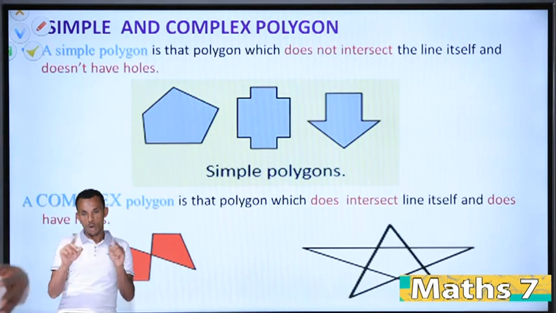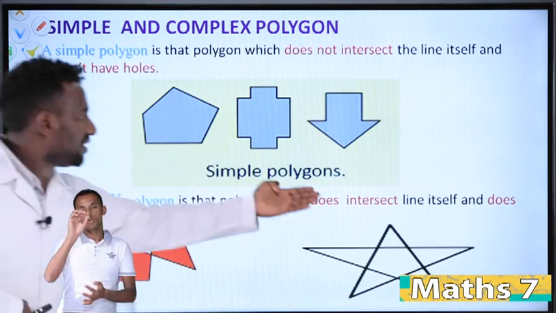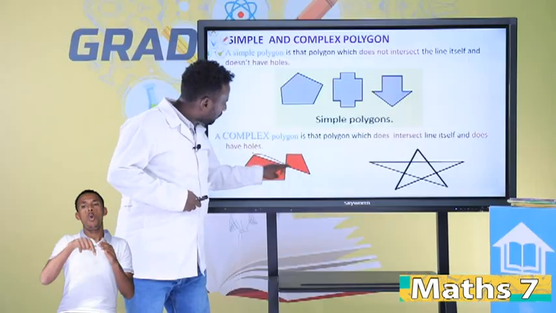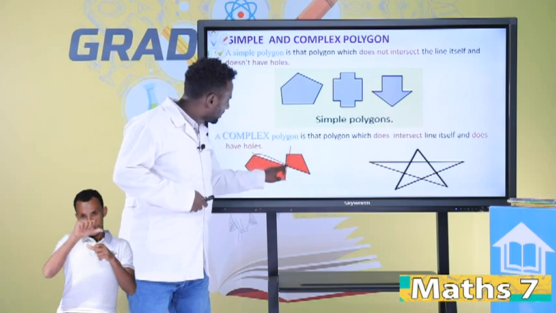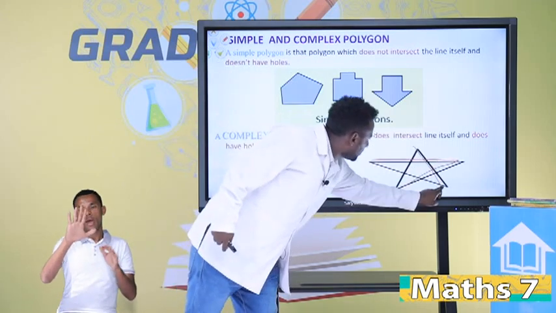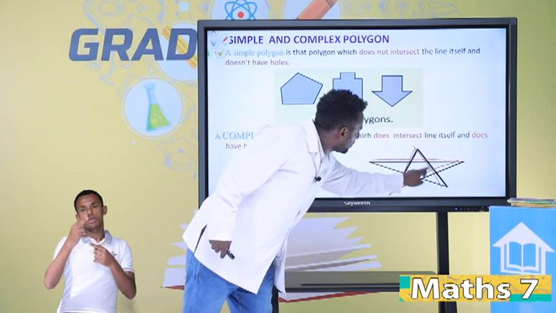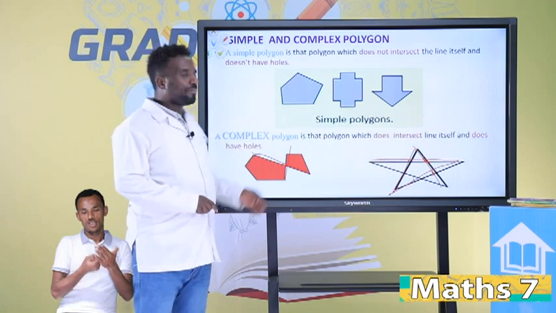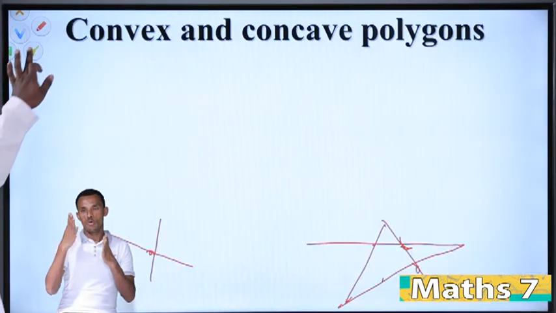A complex polygon intersects itself, or has a hole. The sides cross each other and intersect at a point, like a pentagram, and also this one with a hole. So this is an example of a complex polygon.